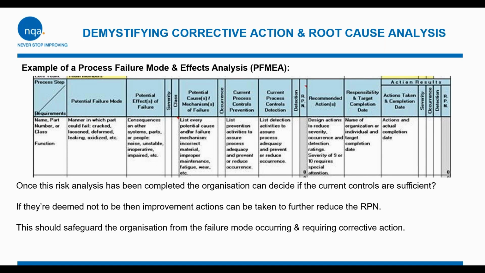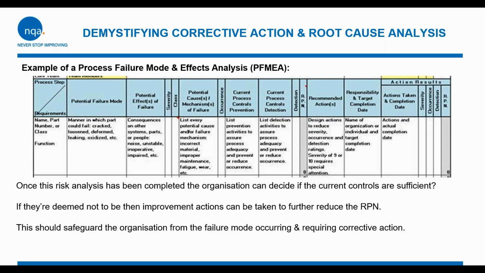Here's a quick example of what an FMEA would look like. We can see process steps, potential failure modes, potential effects, the severity of the effects, the cause mechanism, what caused it to happen, the occurrence, how likely is it to occur, if it does occur, what controls do we currently have in place, and then we can look at the current controls that we have to detect the issue.